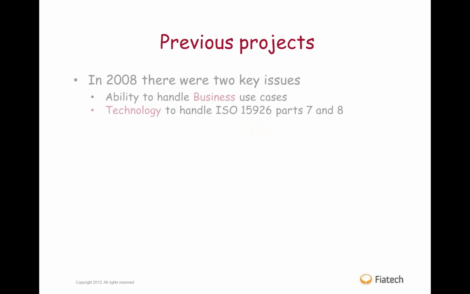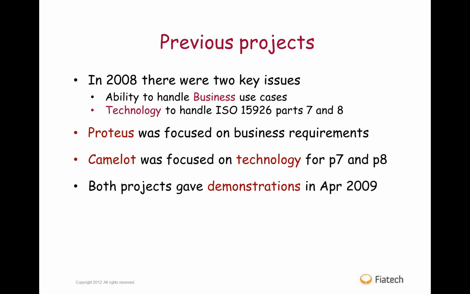So just briefly on a couple of key projects here, we identified that there were two key areas that we needed to focus on. Firstly, the ability to handle the business use cases, so that 15926 would be able to deliver the business requirements, and the technology to handle what was then evolving as the template definitions of Part 7 and Part 8, the actual RDF OWL representation.